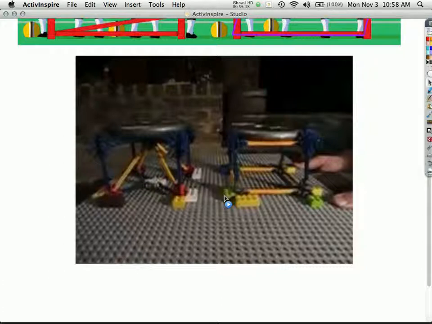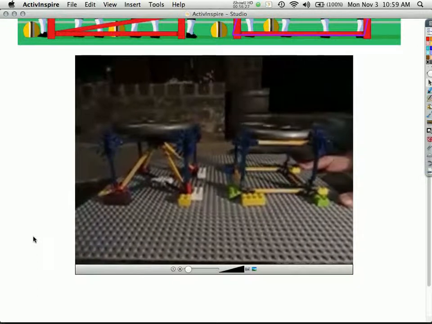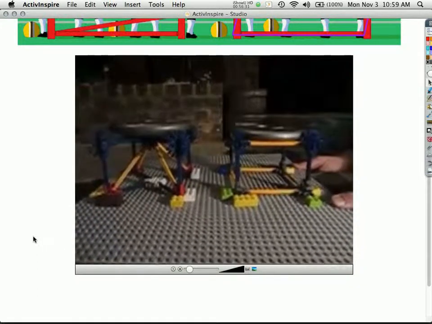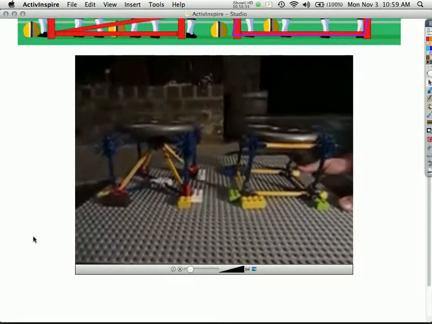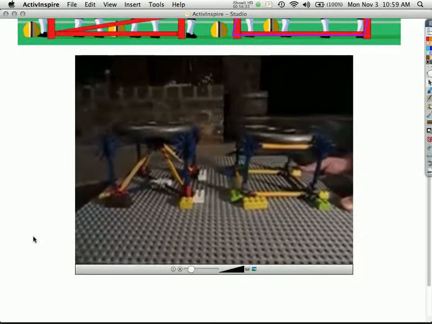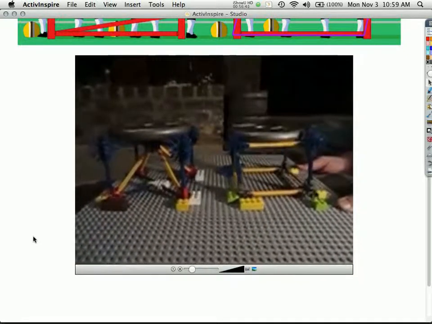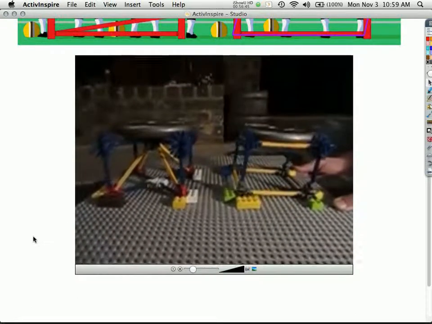Then what the person's going to do is shake it. And watch what happens. It's in slow motion so you can see it. Watch what's happening to the structures as the shaking is happening. Look at how much this is bending back and forth.